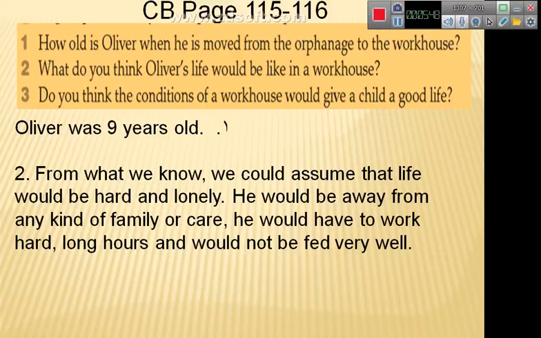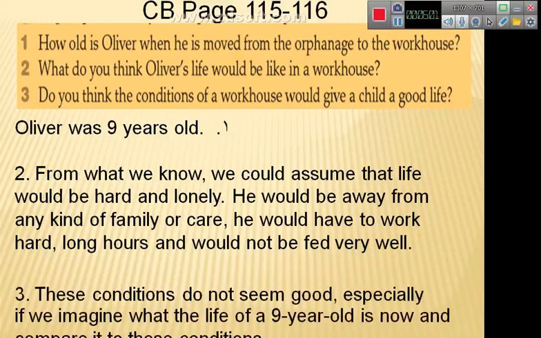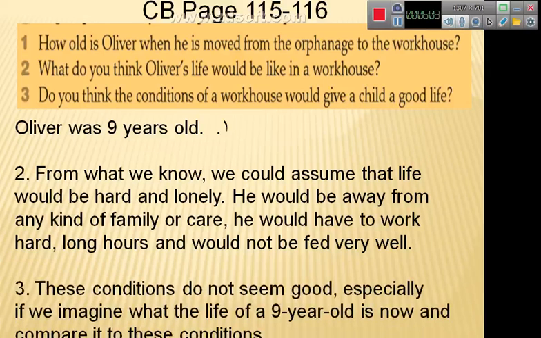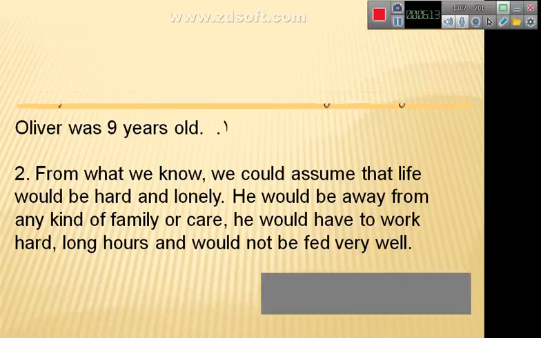He would be away from any kind of family or care. Question number 3. Do you think the conditions of workhouse would give a child a good life? Of course, no. These conditions don't seem good, especially if we imagine what the life of a 9-year-old is now and compare it to these conditions.